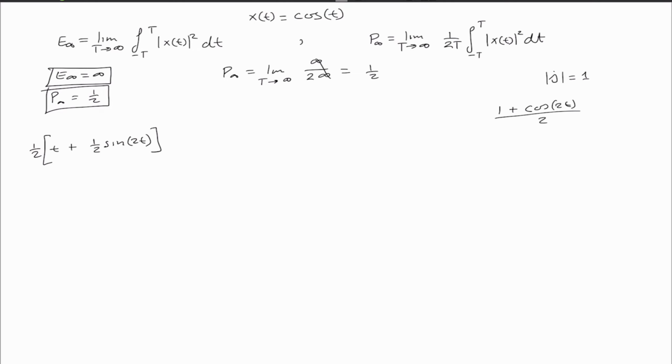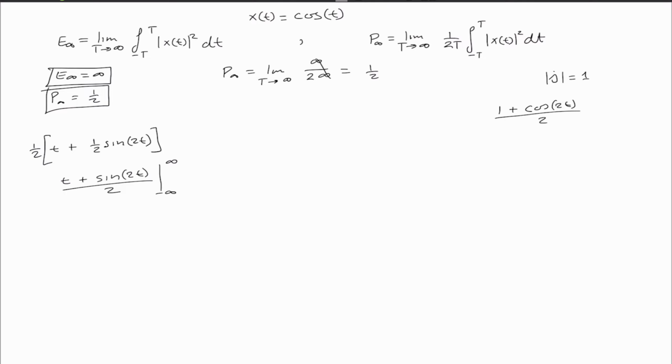Before we evaluate, we can put that together, and that would be t plus sine 2t all over 2, evaluated from negative infinity to infinity. And if we evaluate that, it will always converge to infinity.